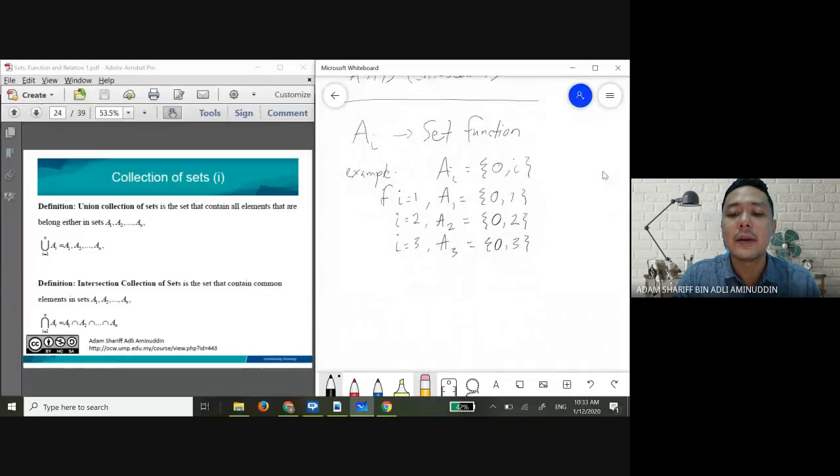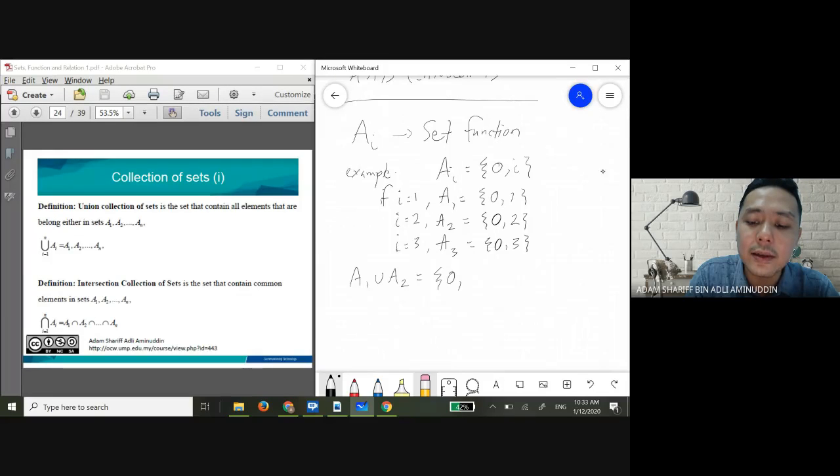Okay. So, what is the union collection? Sekarang ni kita dah ada 3 set. Dulu kita belajar 2 set. Kalau saya suruh kamu buat A1 union A2, senang je korang jawab. Korang akan jawab {0, 1, 2}.